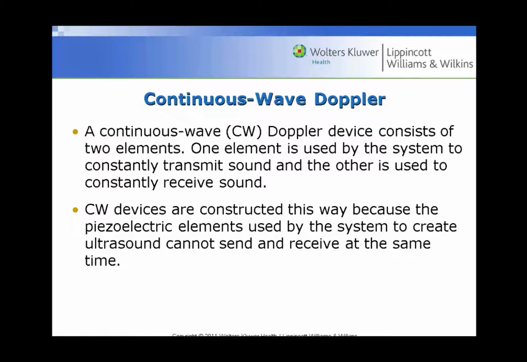So when you're holding that in your hand, there will actually be one element or crystal used by the system to constantly transmit sound into the patient's body, and the other crystal is constantly receiving sound. Now, because of that, there's no time for us to use what we call a pulse echo technique to actually get an image.